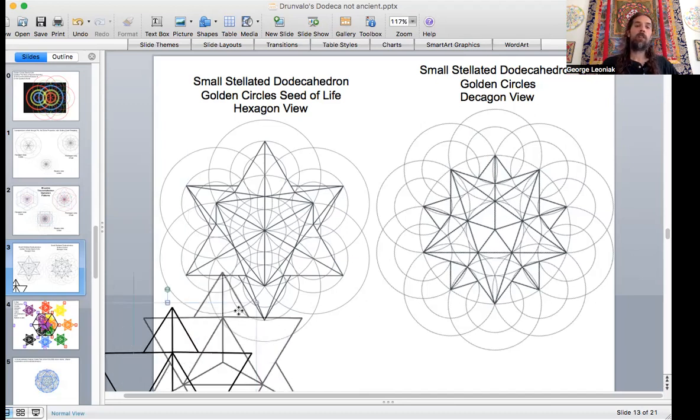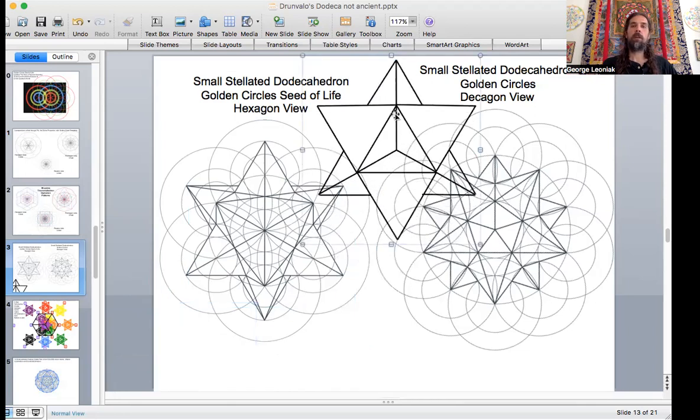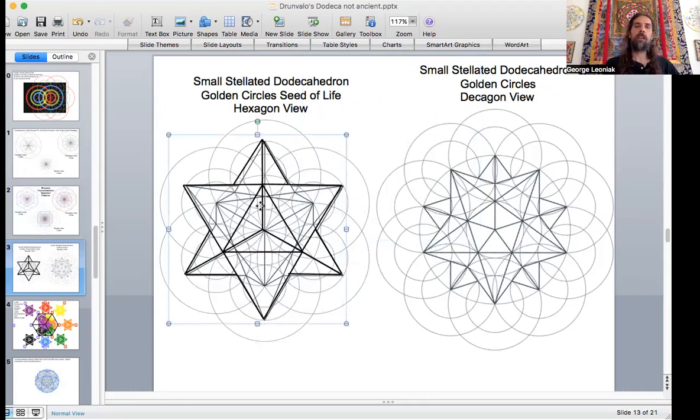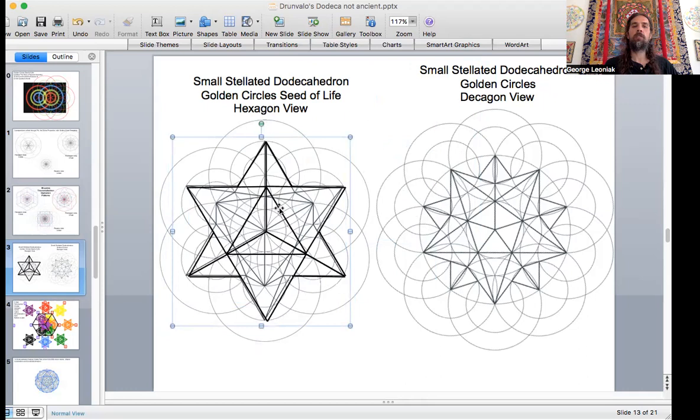Now, this is our regular star tetrahedron that many of us are familiar with, the 2 equilateral triangles. Even though it has these equilateral triangles in it, as I drag this over top, you see they share the same geometric space pretty closely, at least the equilateral triangles. And then, of course, this is where everything gets different in the middle.